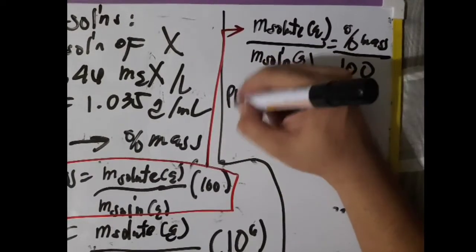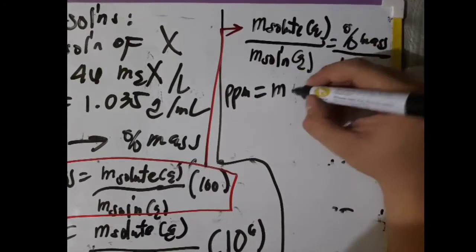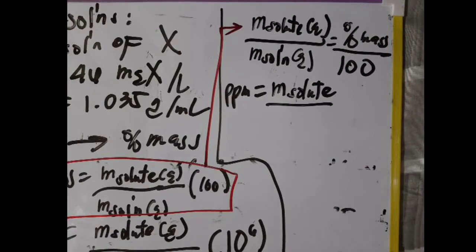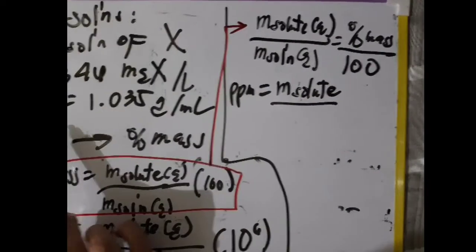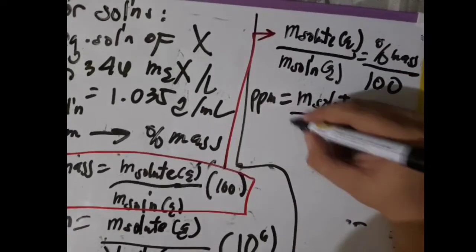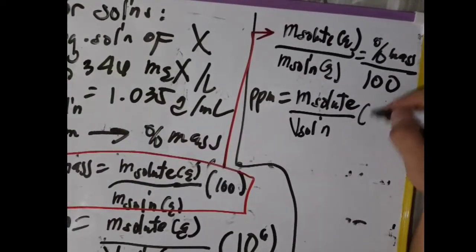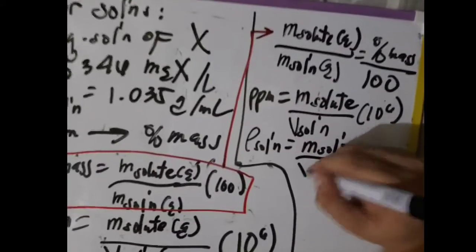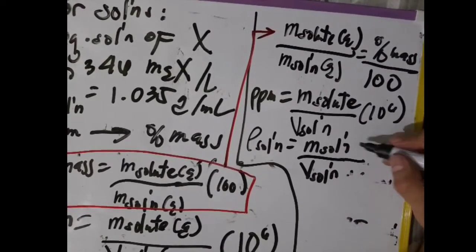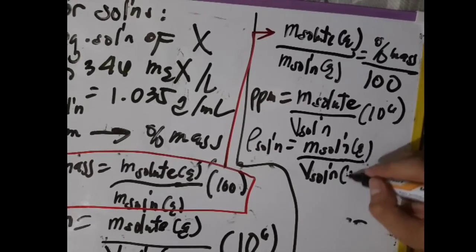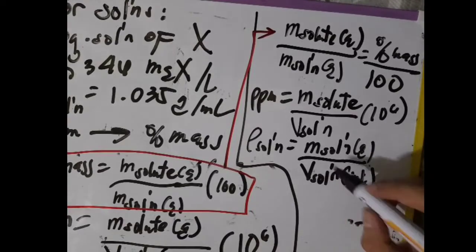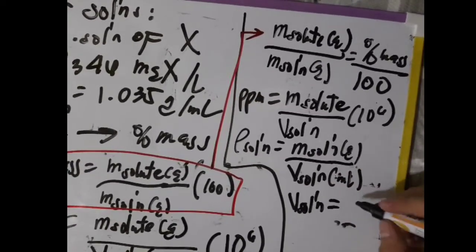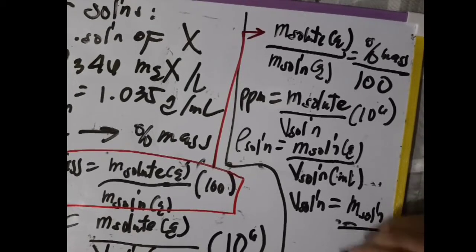Now, going back to parts per million, ppm is equal to the mass of solute over volume of solution, but since we have been given the density of the solution, which is the mass of solution divided by the volume of the solution in grams and ml respectively, rearranging this equation means the volume of the solution is equal to the mass of the solution divided by its density, right?